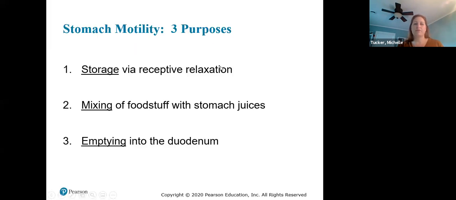So now we're going to move on to stomach motility. The stomach has three purposes. It's going to store food via receptive relaxation. If you think about it, blood vessels are also made of smooth muscle. If we increase blood pressure and a blood vessel expands, normally that will trigger a constriction, a contraction to return to normal.